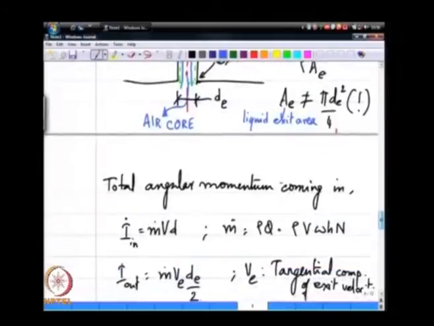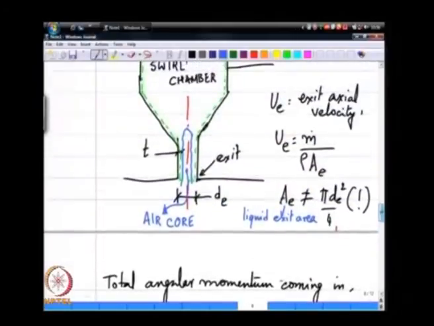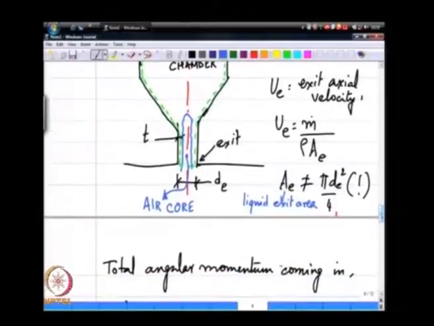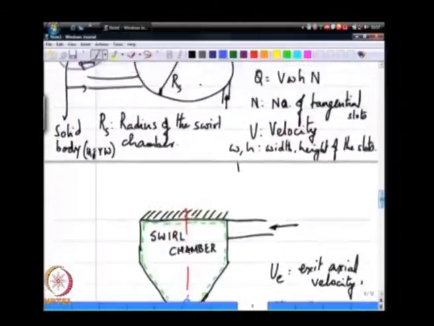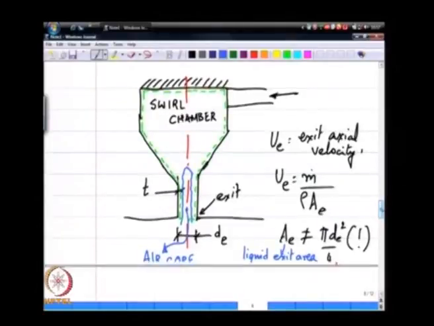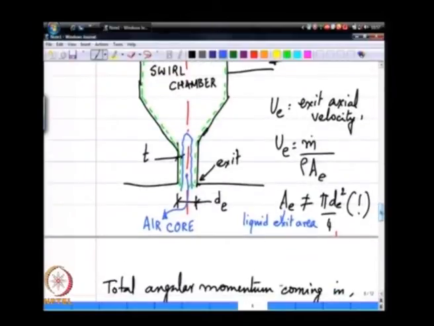This liquid exit area being less than pi dE squared over 4 is what is responsible for the diameters in this relation.